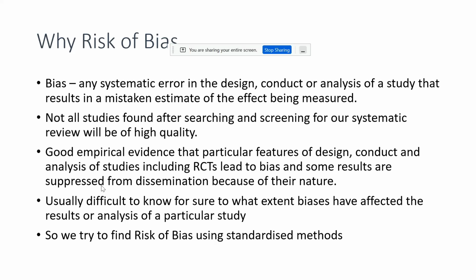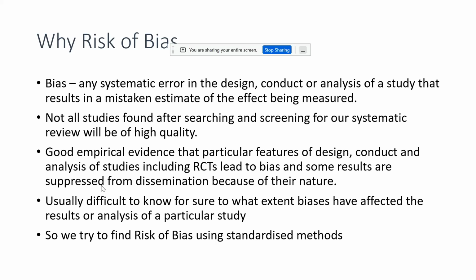And also, there is some evidence that authors do suppress the dissemination of results because of their nature. So sometimes it may be that results that are more significant are published faster, or they may be reported more in articles.